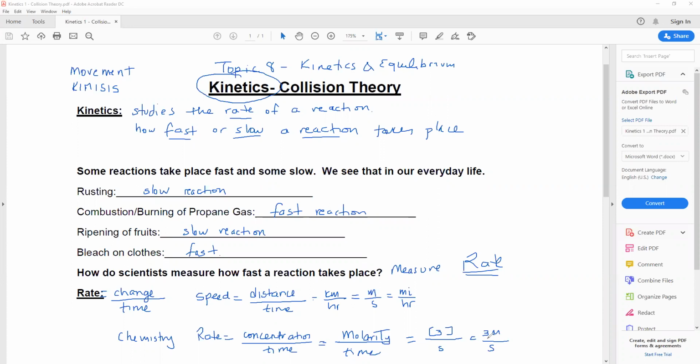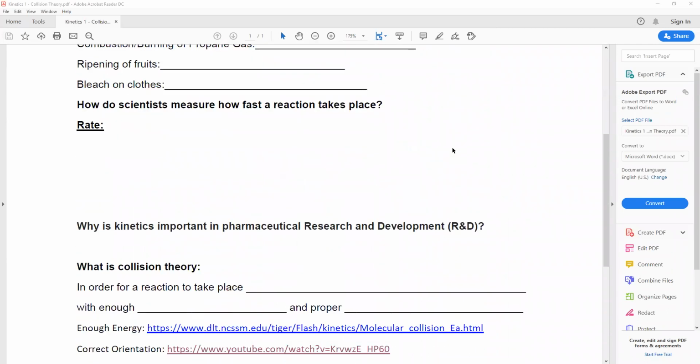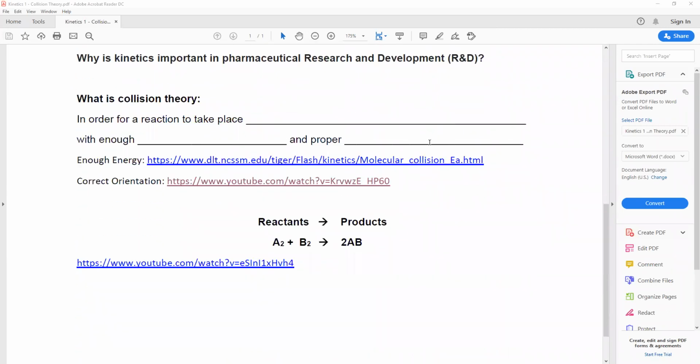Now, why is this important and why do scientists, especially chemists, study that? So it is very, very important in research and development for pharmaceutical companies, for the development of drugs. For example, they're trying to find a drug to treat cancer.